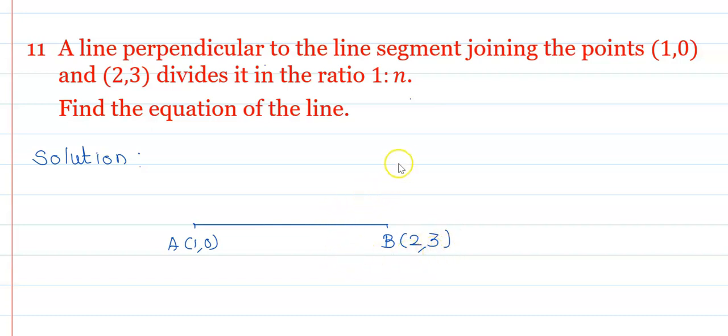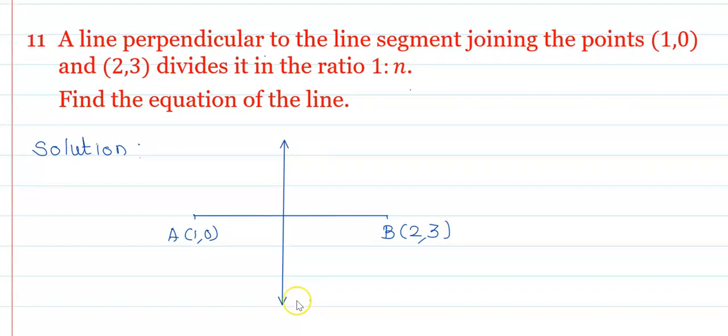Now our required line is perpendicular to this AB, and it divides in the ratio 1:n. It is perpendicular and passes through the point whose coordinates are x1 and y1.